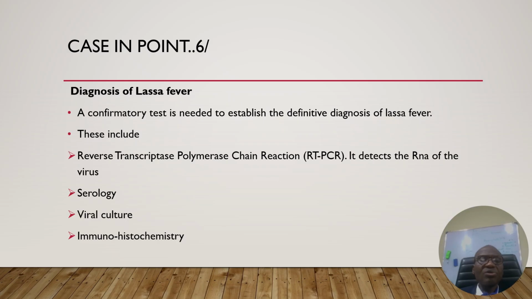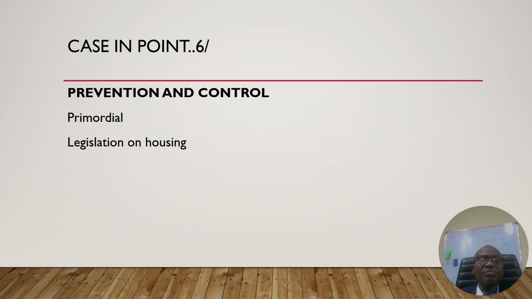So for diagnosis, we can do PCR testing, serology, viral culturing, histochemistry. For prevention and control, primordial measures, for example, legislation on housing, and legislation on protecting food, especially for commercial purposes, not drying food on the ground, which some communities do.